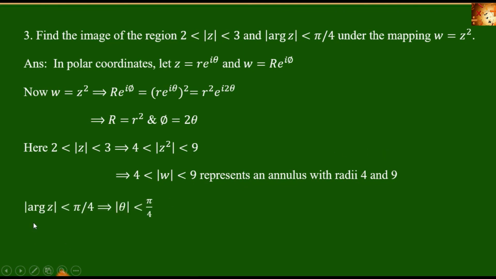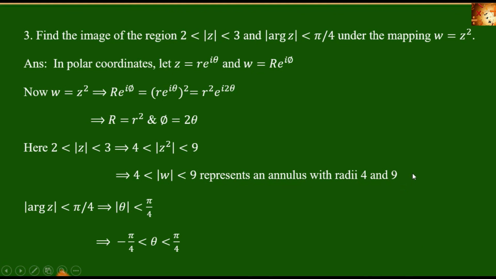Similarly, the next condition, mod argument of z less than pi by 4. Argument of z means z equal to r e raised to i theta. Here the angle is theta, so mod theta is less than pi by 4. That is minus pi by 4 less than theta less than pi by 4. So this is the image.